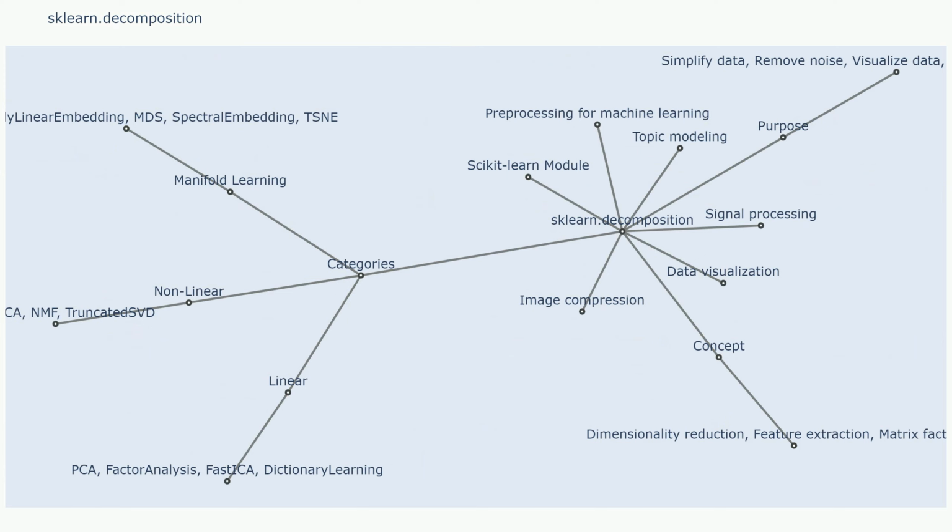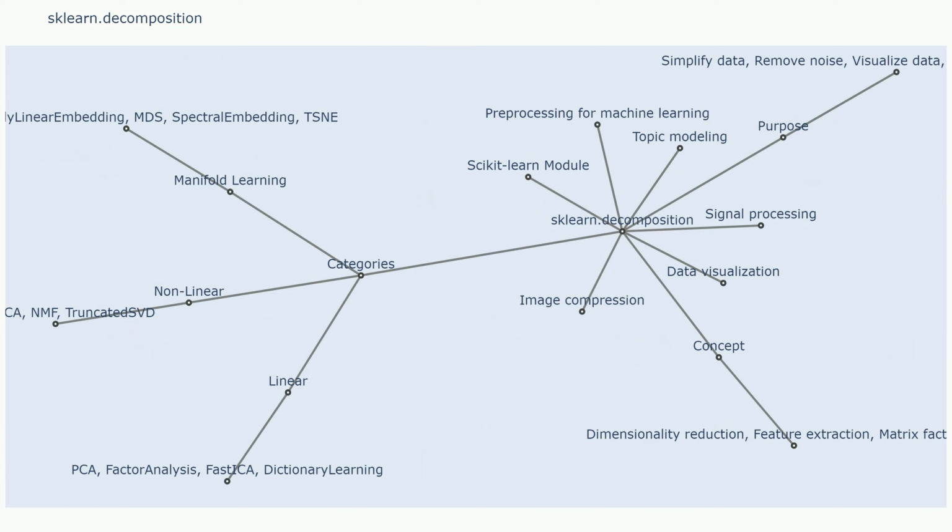Beyond decomposition. While sklearn.decomposition offers powerful tools for dimensionality reduction, it's crucial to remember that it's just one part of the data analysis pipeline. Other techniques, such as feature selection and manifold learning, can also be employed for similar goals. Conclusion.